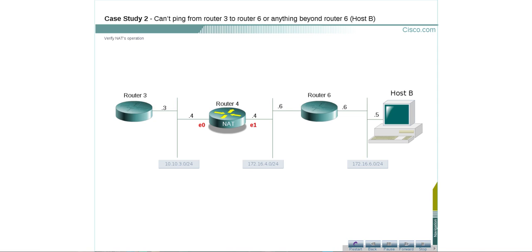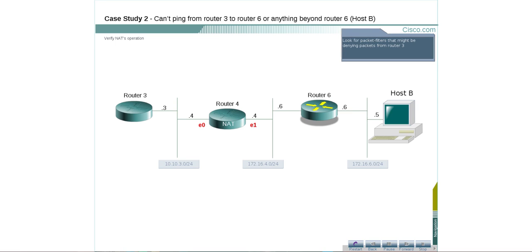If we suspect that router 6 is not sending packets, we should go to router 6 and see if we can find any reason why this might be the case. We could first look for obvious things, such as packet filters that might be denying packets from router 3. For this example, we will assume there aren't any packet filters.